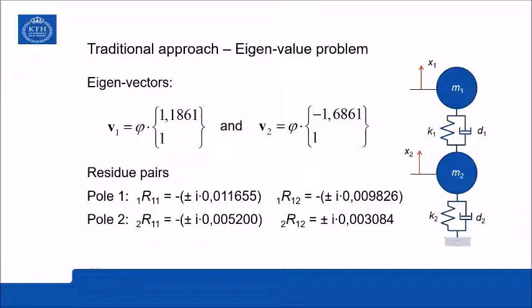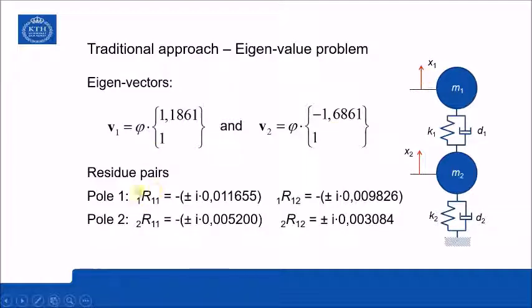Okay, so if we go via the pole residue, the transfer function approach, then we find that the residue pairs for pole 1, that is S1, look like this. So this is the residue obtained if you study the transfer function between the force on mass 1 and the response on mass 1.